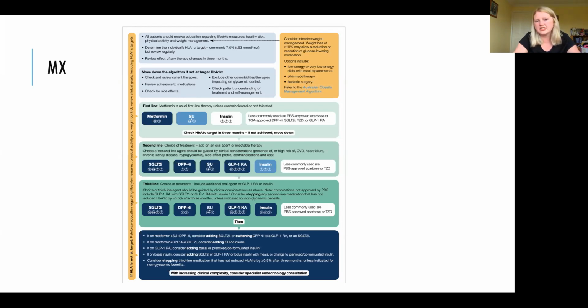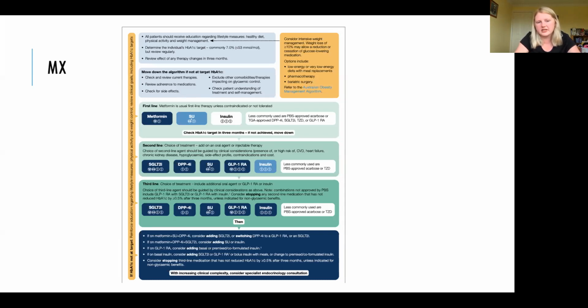I'll go through some of the side effects of these as well, but sulfonylureas and insulin are less preferred only because they have higher chances of causing hypoglycemia, and so that's generally why metformin is preferred. It doesn't have a hypoglycemic effect, so you can see very little change in terms of their blood sugar going too low rather than being too high.